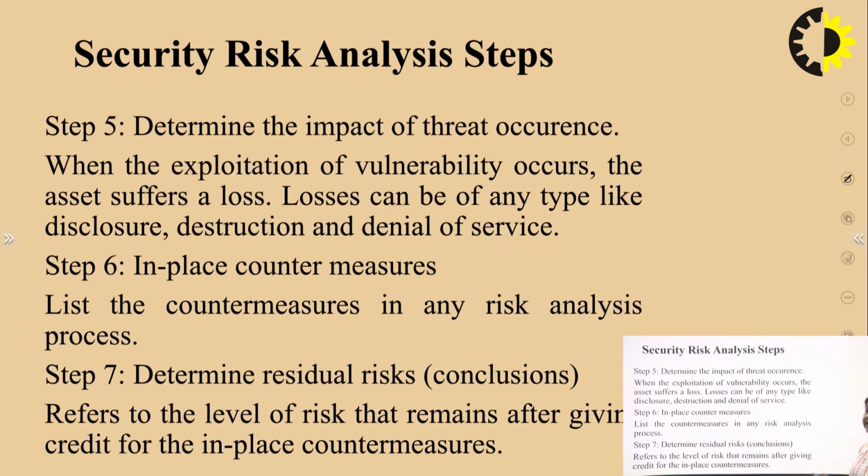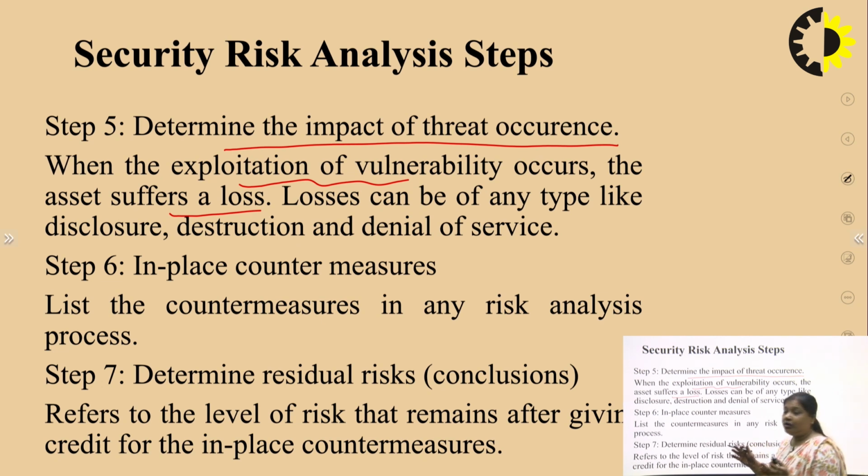Now next one is step 5: determine the impact of the threat occurrence. When the exploitation of a vulnerability occurs, the asset suffers a loss. If some threat takes advantage of some vulnerability, then definitely our assets would face a loss.